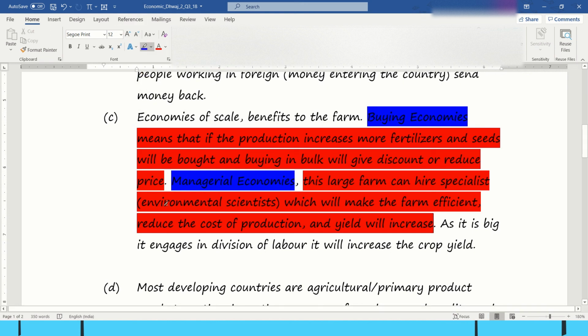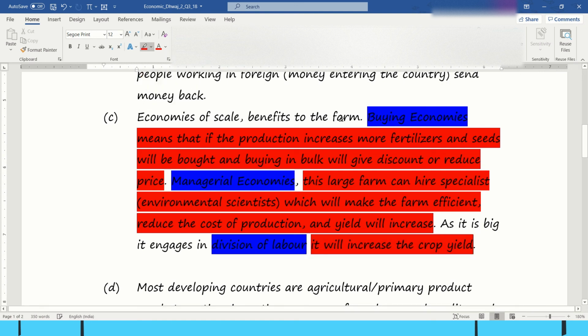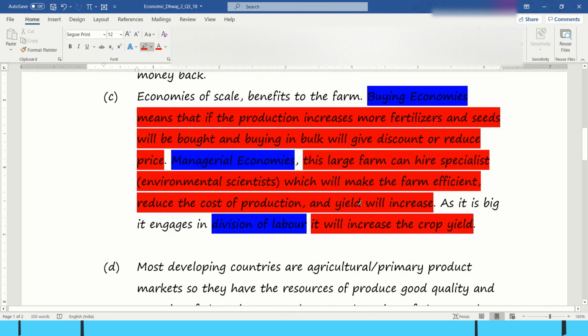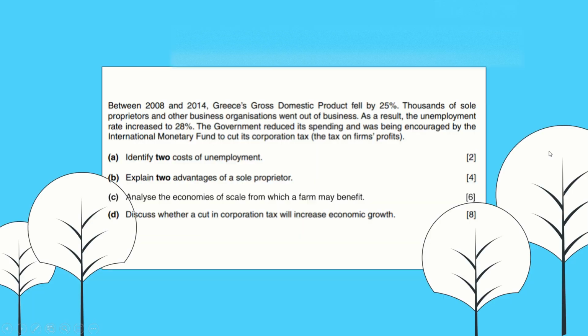So I have written about division of labor, and this will increase the crop yield. So I've written 3 points for 1 mark and three explanations for 1 mark, and I have gotten 6 out of 6. You can add 1 or 2 extra points just to be on the safe side. Over here I did not have much points, so I did not write many. Okay, so that was the 6 marker.